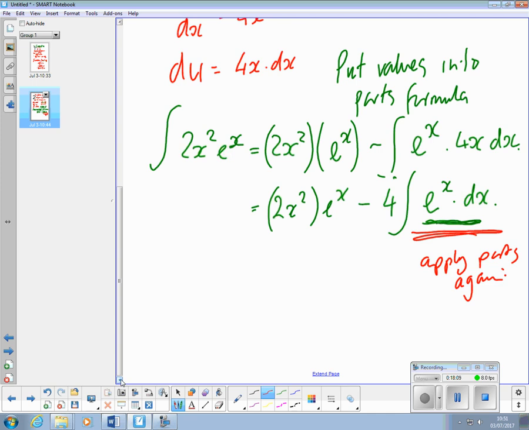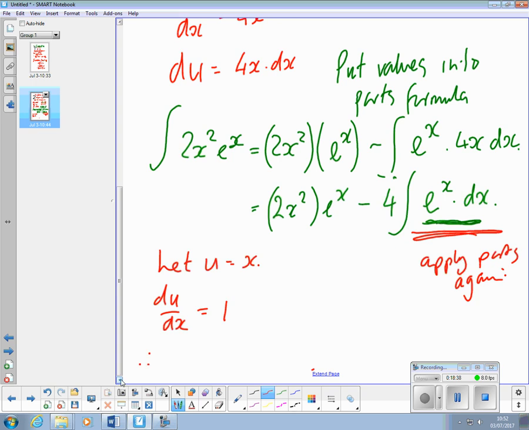Yep. So we let u equal x. du by dx is equal to, we differentiate x on its own, what do we end up with? 1. Yeah.